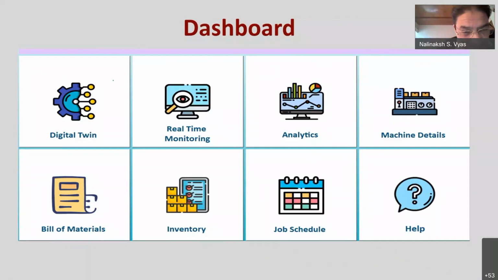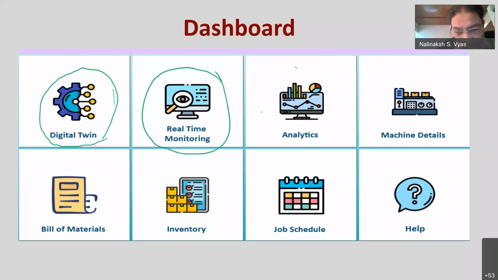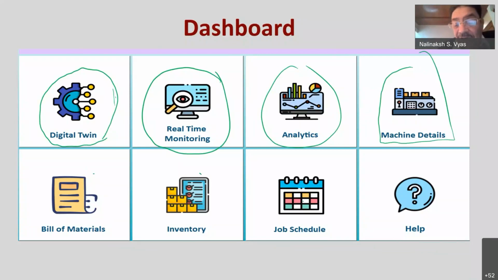Otherwise, you'll have to call me some other time to show you how sitting here in Delhi or sitting there in Jamalpur, you are able to see the data in Raebareli. So this is the digital twinning process, then real-time monitoring, analytics, machine details, bill of materials, inventory, job scheduling, and a help desk that has been built in.